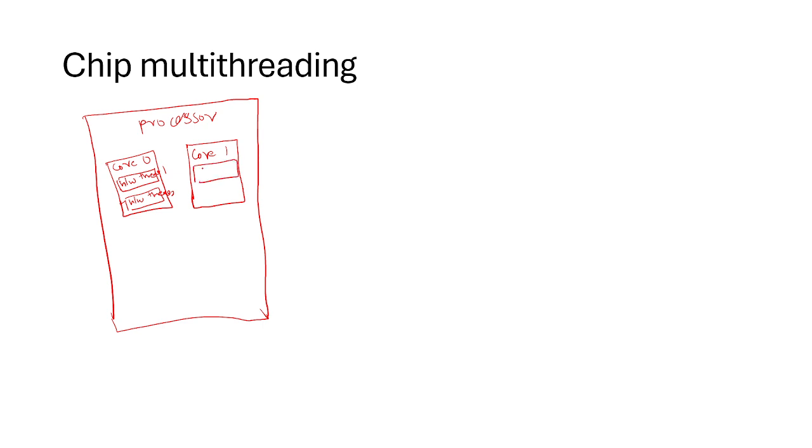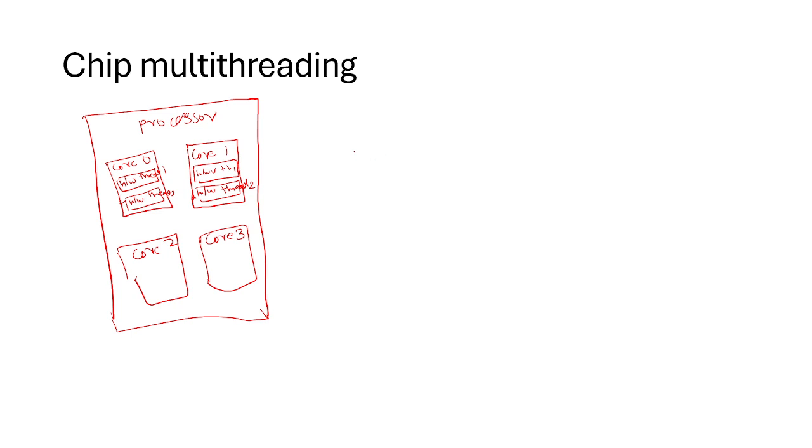Like that, hardware thread 1 and hardware thread 2, and so on, we have four cores. From the processor point of view, there are four cores, and inside each core there are two hardware threads.